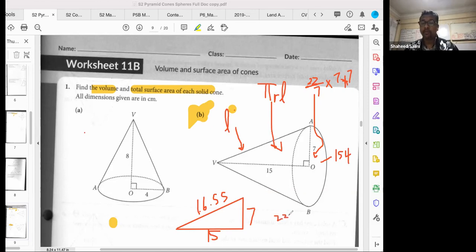Pi 22/7 times R, which is 7, times L, 16.55. So let us see, 16.55 times 22, because 7 is cancelled already. 364. So the curved one is 364.1. You add together 154. You get 518.